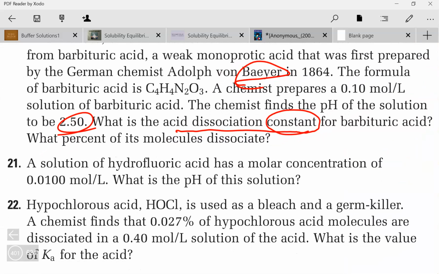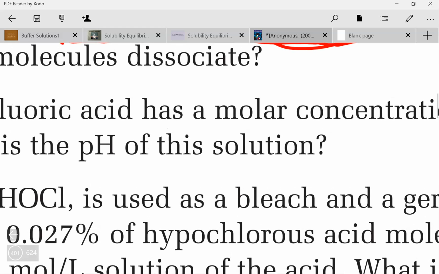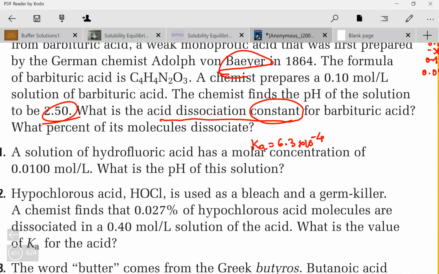Solution of hydrofluoric acid, molar concentration 0.01. Let's look up HF on this table. 6.3 times 10 to the negative 4. Okay, so Ka equals 6.3 times 10 to the power of negative 4. Concentration is 0.01.